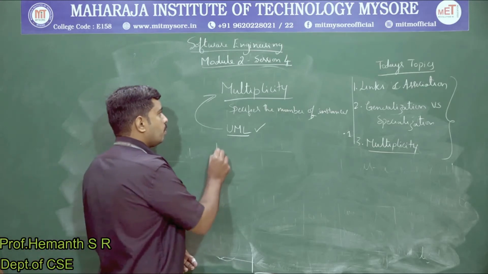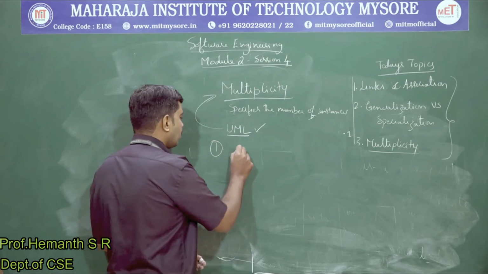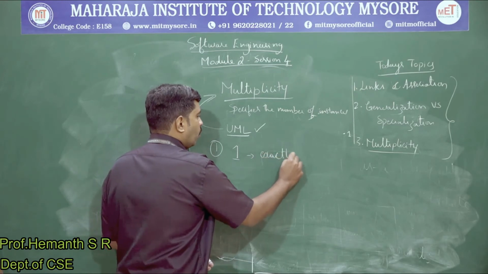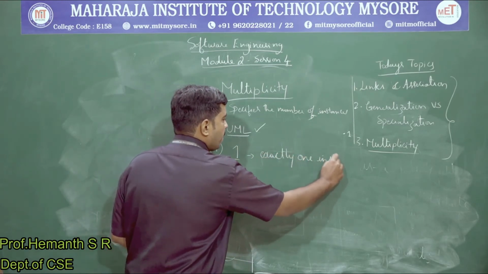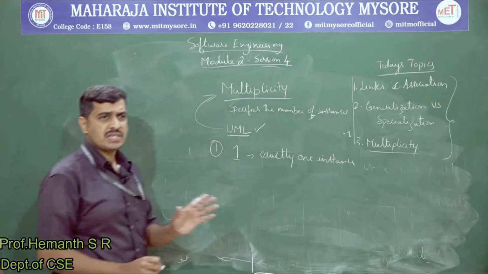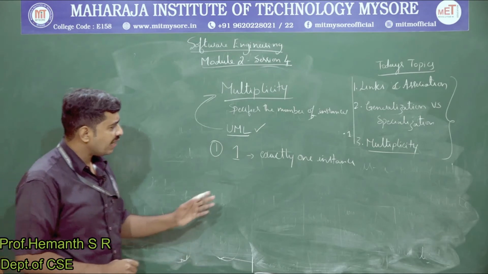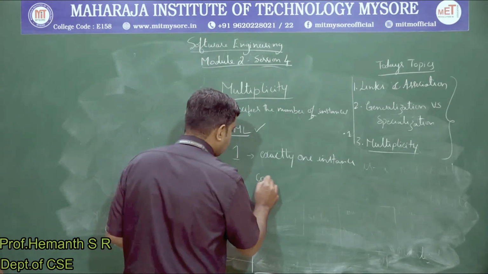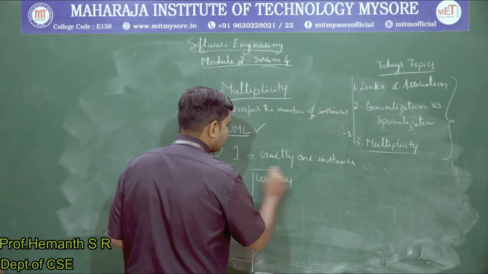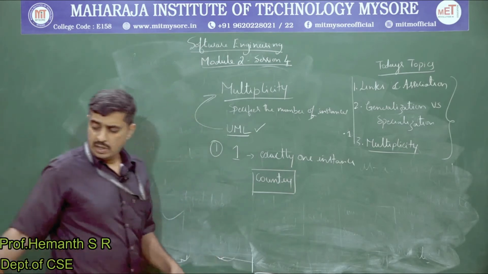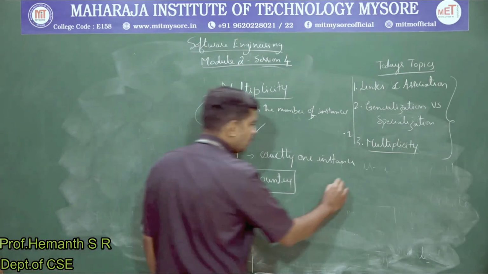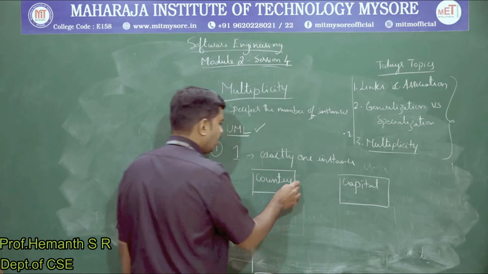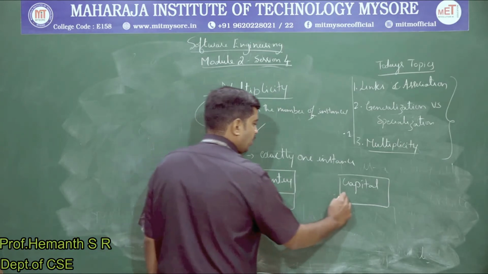Okay. So multiplicity can be 1, that is exactly one instance. There can be just one instance. For clarity, I'll take an example with two classes: the country class and the capital class.